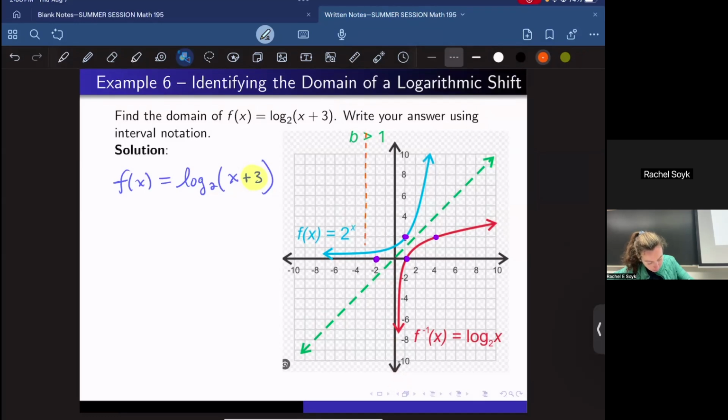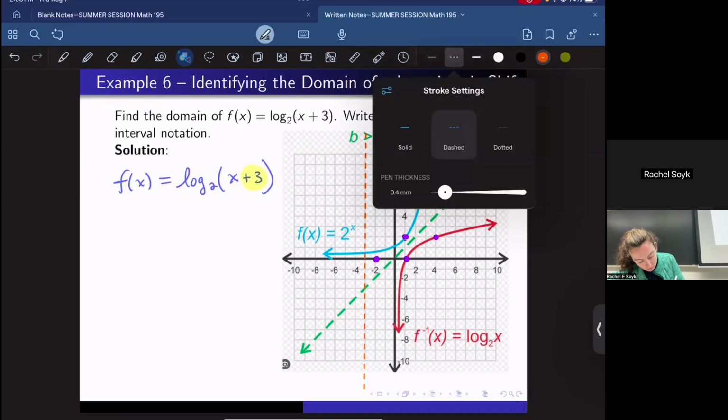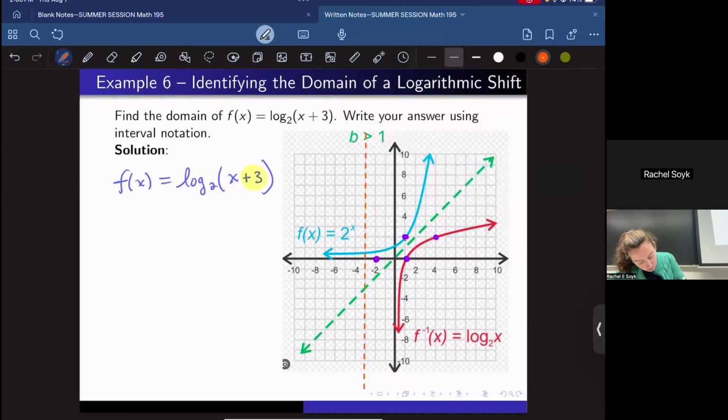Zero minus 3 gives you what? -3. So x equals -3 is our new horizontal asymptote. I'm saying horizontal, it's vertical. New vertical asymptote at x is equal to -3.